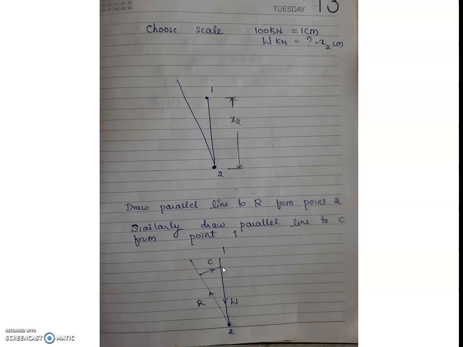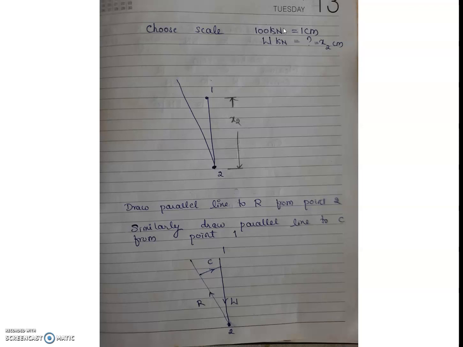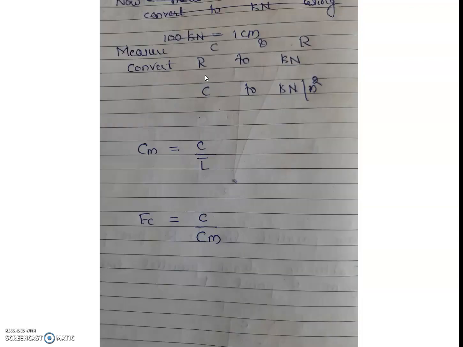Then measure this C value. After that, convert it into kilonewton using the scale, that is 100 kilonewton equal to 1 centimeter. Now let us say this is 1 centimeter. So if this is 1 centimeter, in kilonewton it will be 100 kilonewton. So we will get the value of C. So the value of C has to be substituted in the equation Cm equal to C divided by L bar.